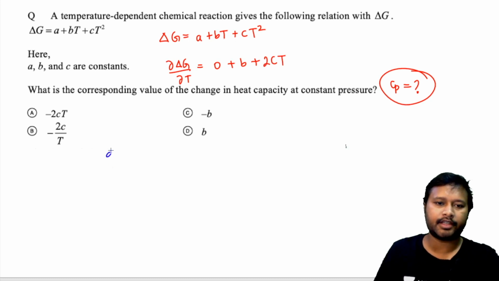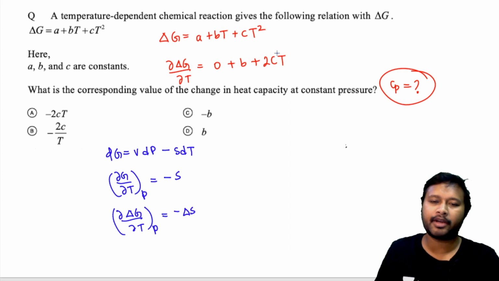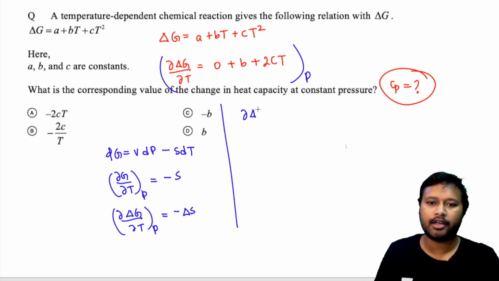Alright, so if you know this relation that dG is equals to VdP minus S dT, that makes del G upon del T at constant P is equals to minus S, or I can write down del delta G by del T at constant P should be equal to minus delta S. So that means this whole thing at constant pressure should be equal to delta S. If I take this, I am going to get nothing but del delta G by del T at constant P will be equal to B plus 2CT.